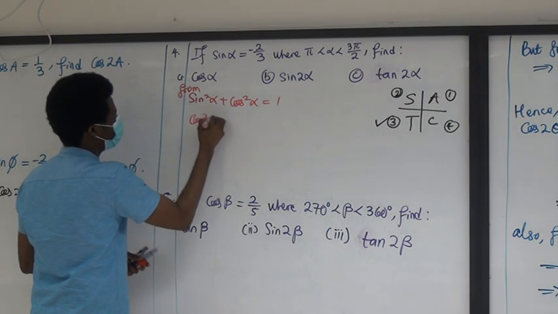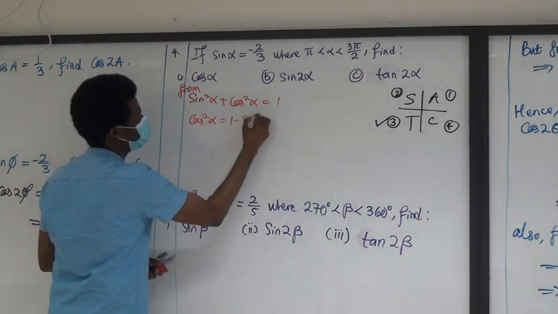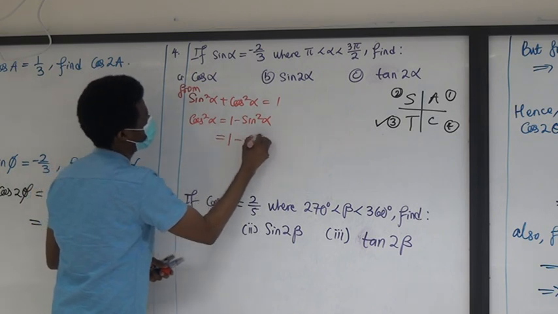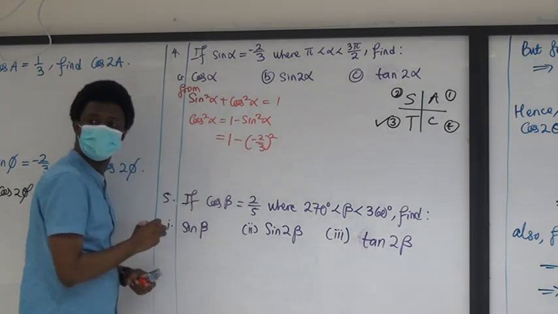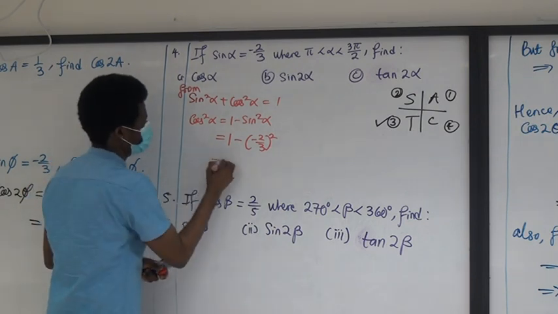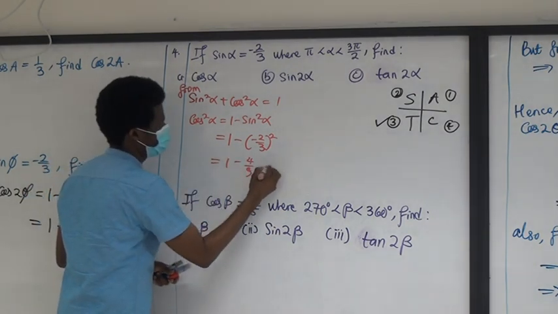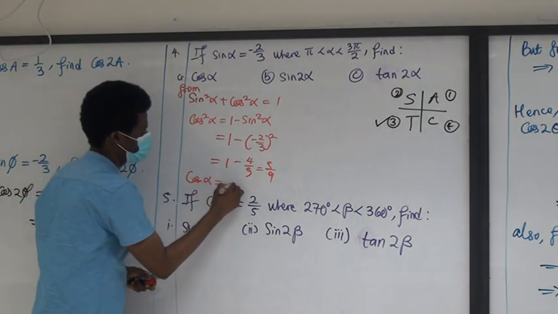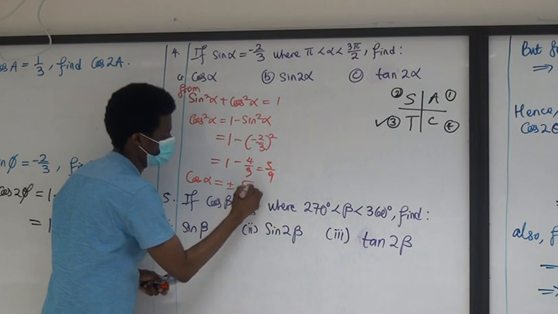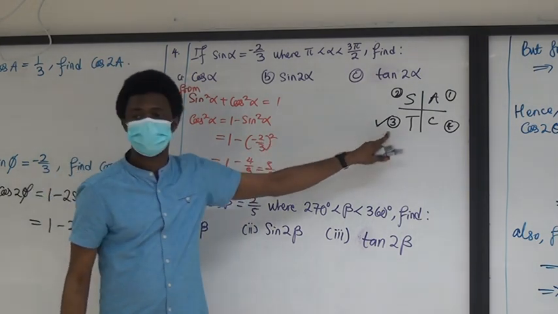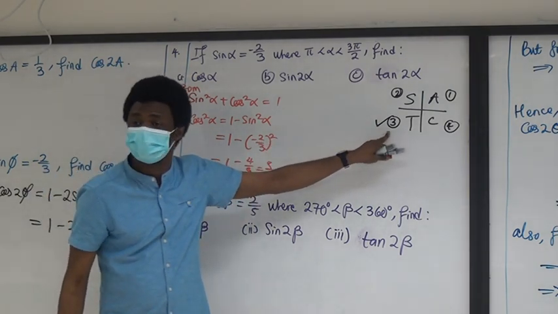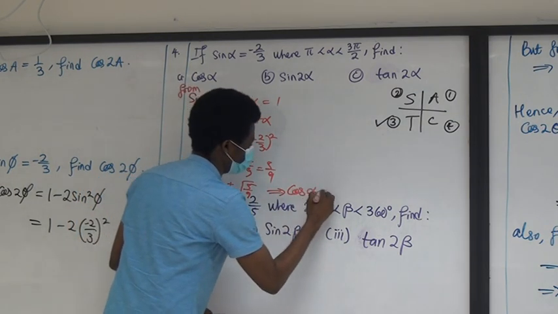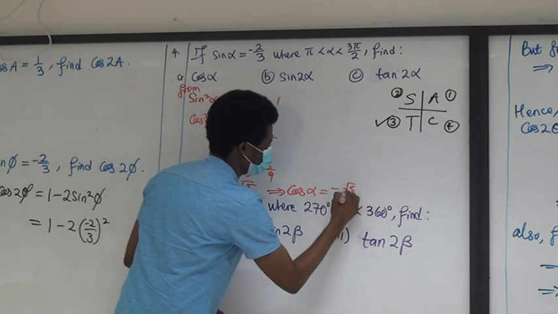It means cos square alpha is equal to 1 minus sine square alpha, which means 1 minus negative 2/3 squared. Which means 1 minus 4 over 9, which is 5 over 9. And that means my cos alpha is plus or minus square root of 5 over 9. Do you agree? But in that quadrant, cosine is what? Negative. So my cos alpha is negative root 5 over 3.